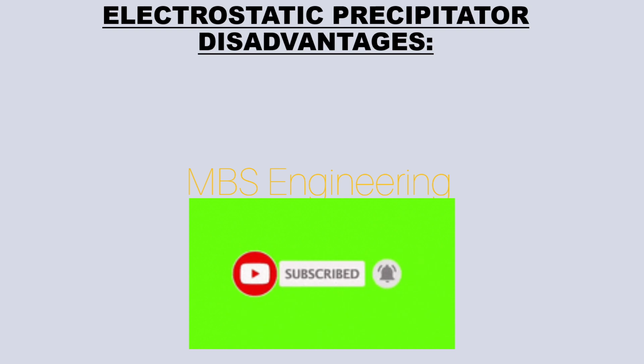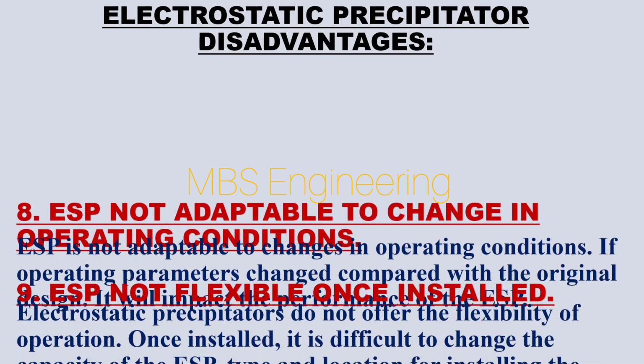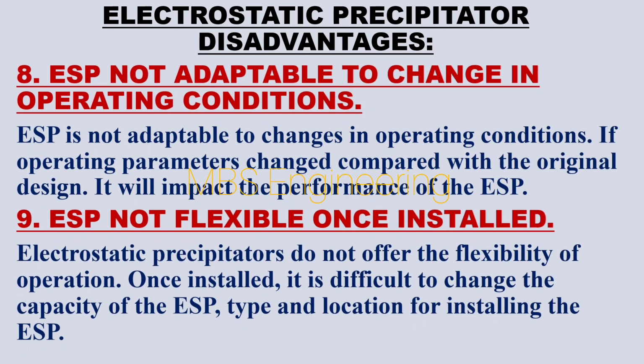Next, we are going to understand the disadvantages of the electrostatic precipitator, ESP. We will discuss in the detailed description of the disadvantages of the electrostatic precipitator ESP. Next, the eighth disadvantage is ESP not adaptable to change in operating conditions. ESP is not adaptable to changes in operating conditions.